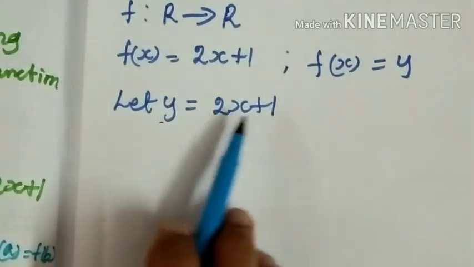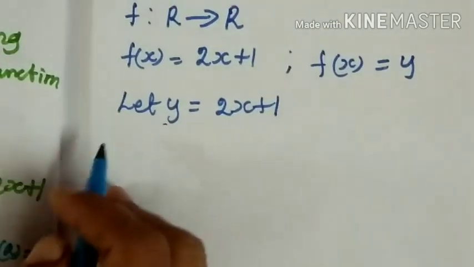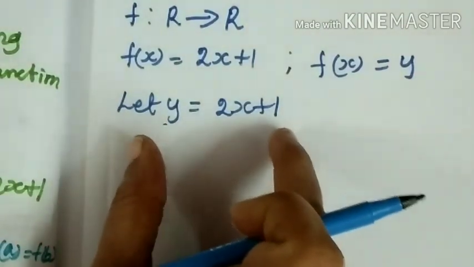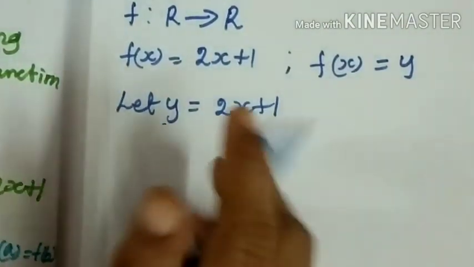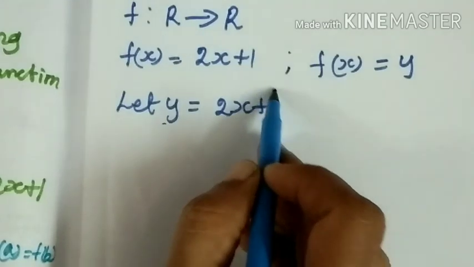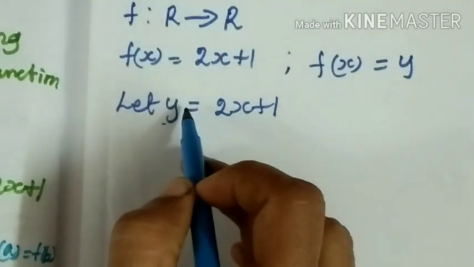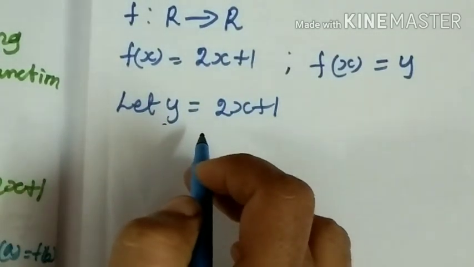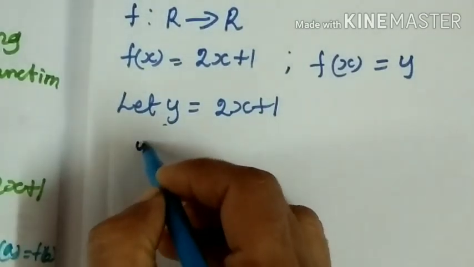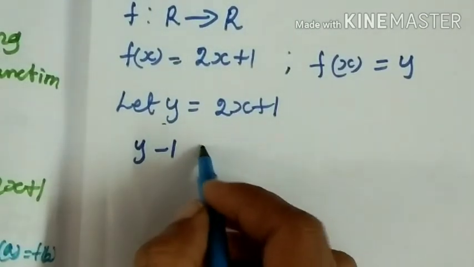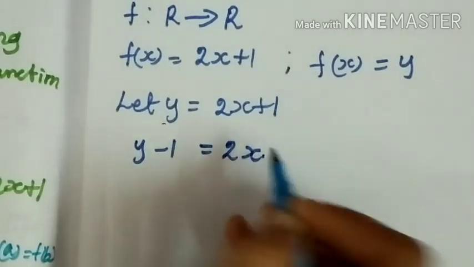Therefore let y equal to 2x plus 1. So in this we have to find out the x term. Then plus 1 comes before equal, which means it becomes minus 1 equal to 2x.